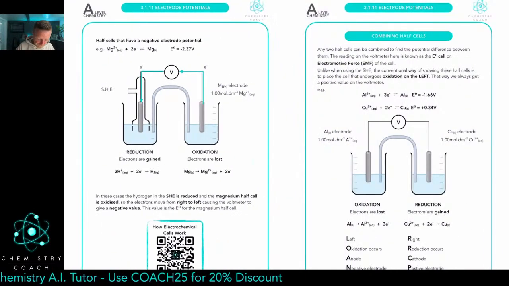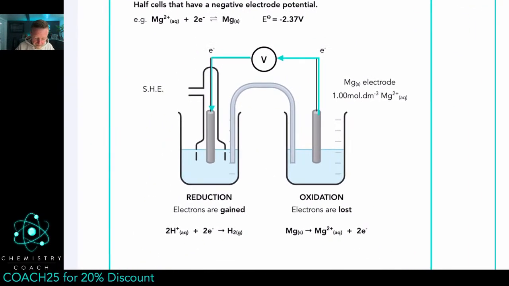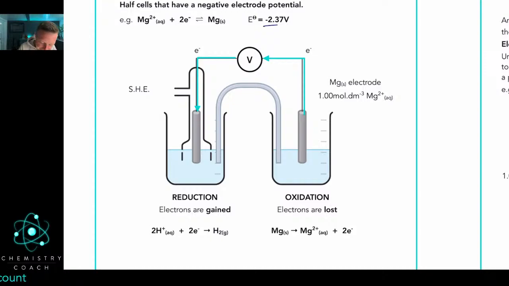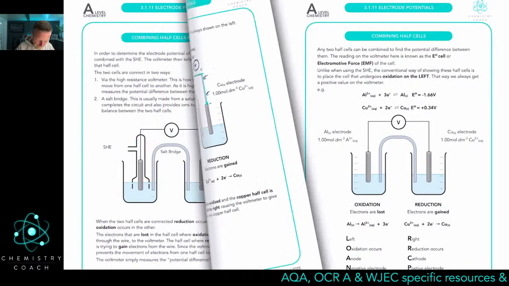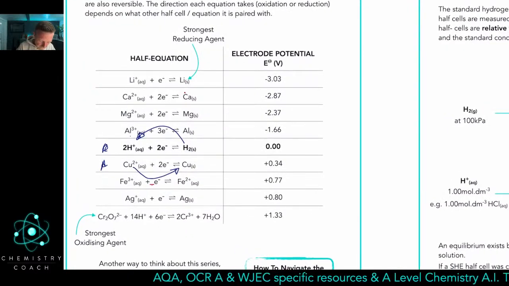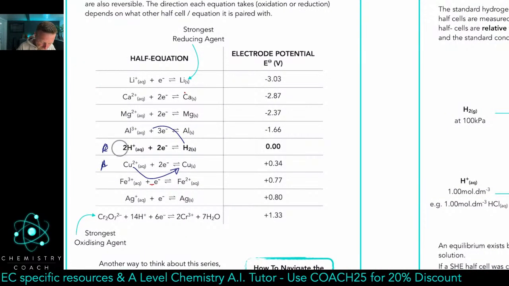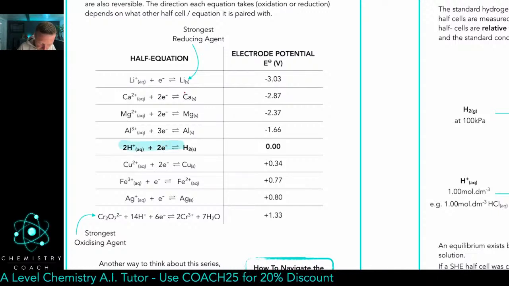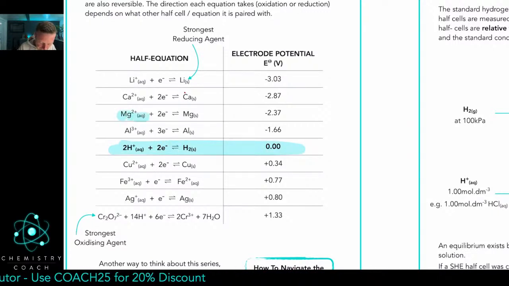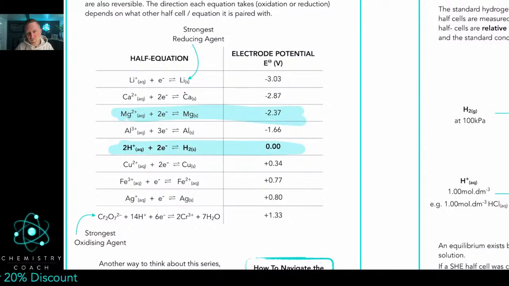On the flip side of things, if we're looking at magnesium, magnesium's actually got a negative voltage. Now the reason for that, if we go back again, we can see compared to the hydrogen electrode, magnesium's got a negative electrode potential.